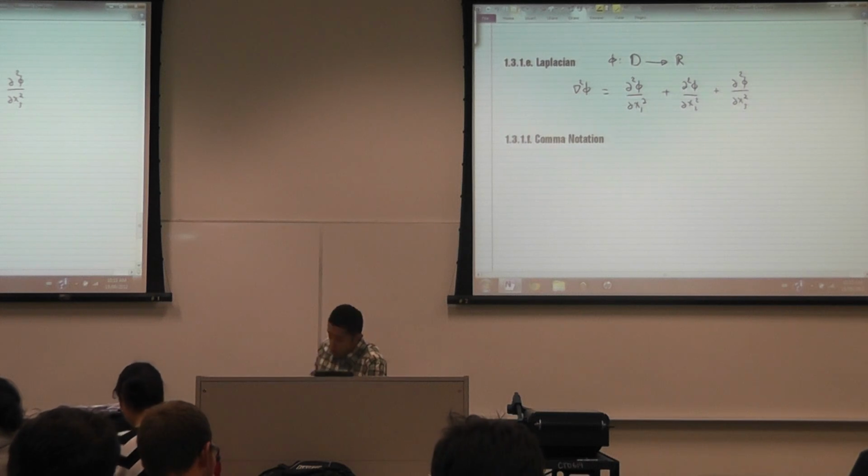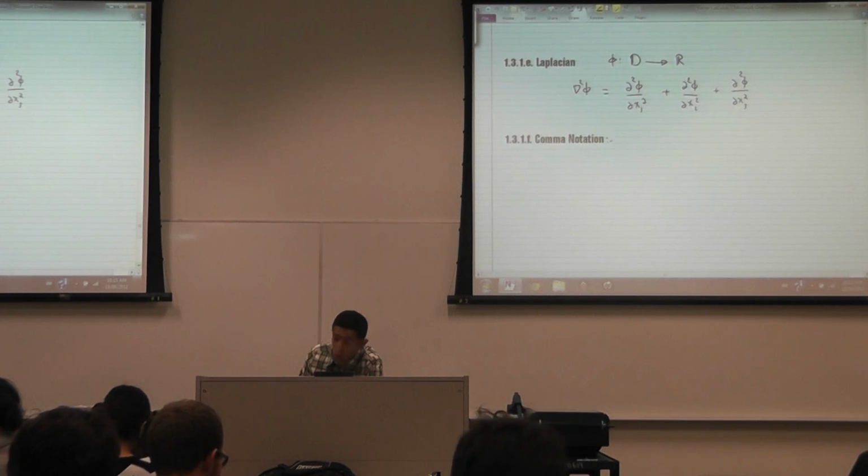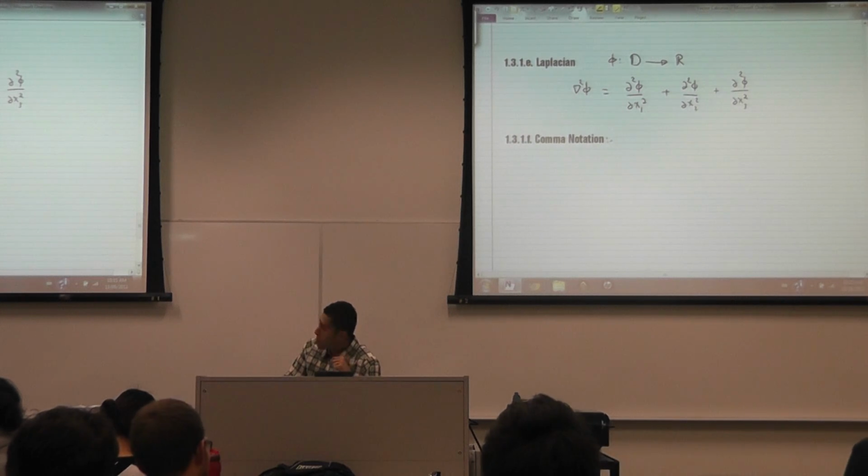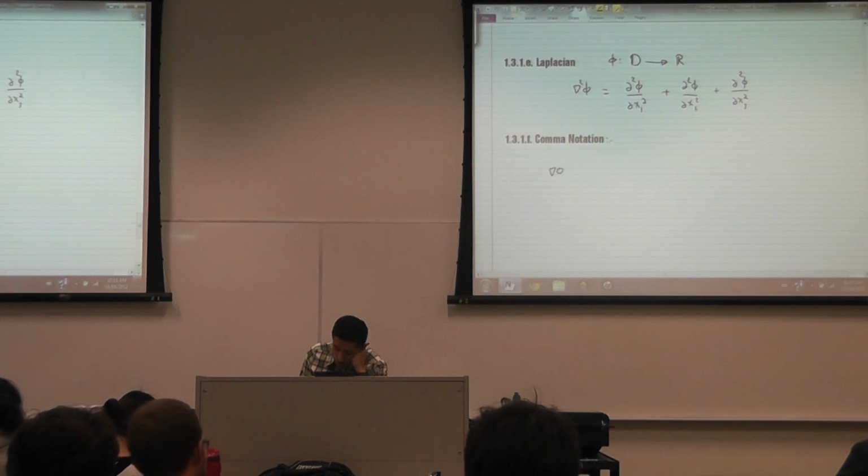So common notation is used throughout to make things a little bit easier. The gradient of phi is a vector.